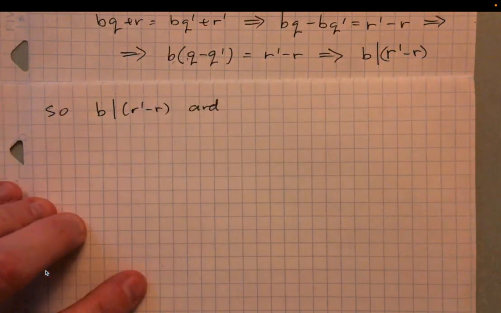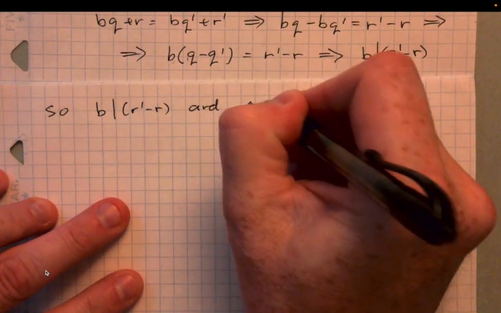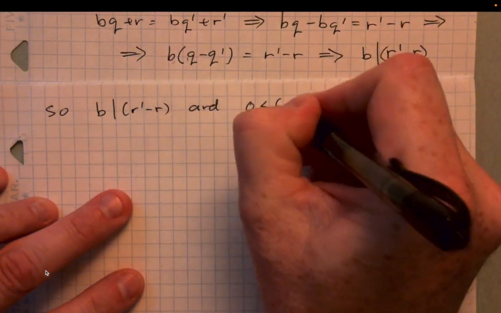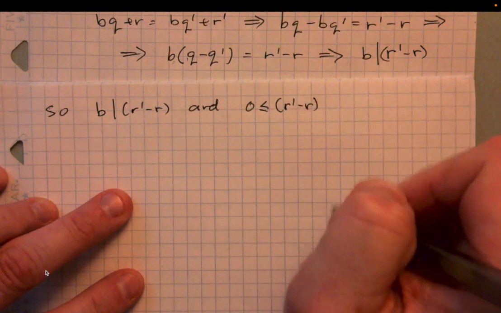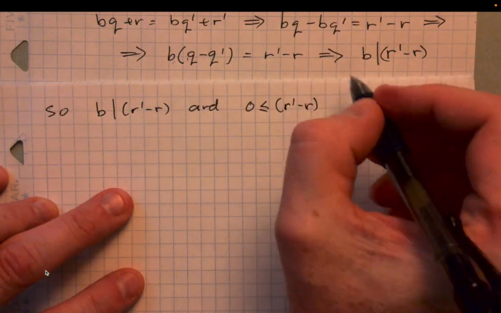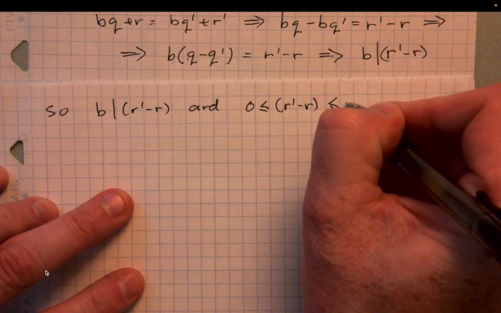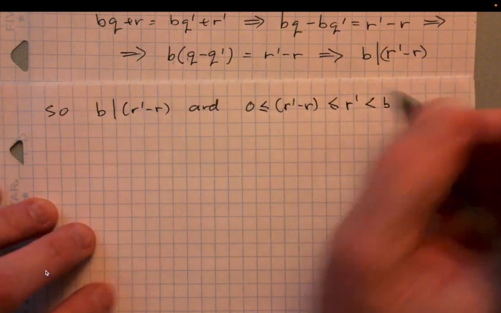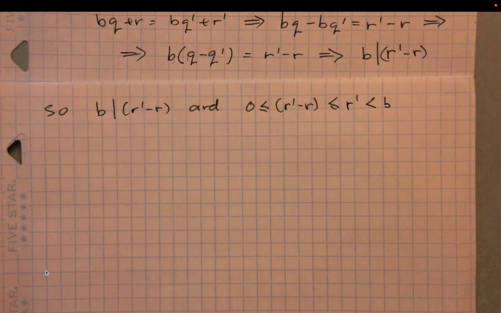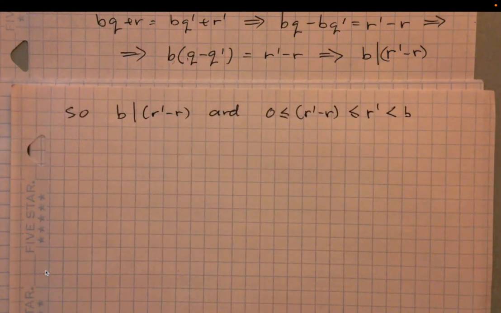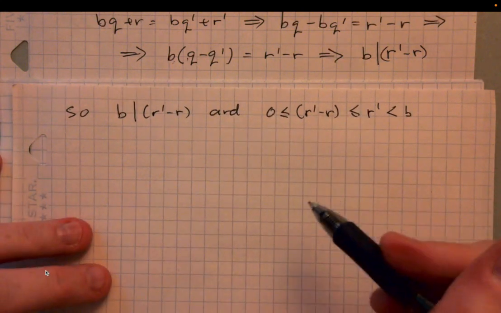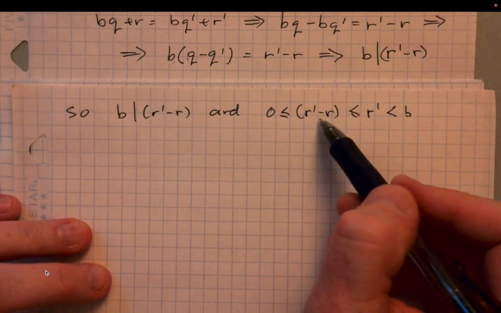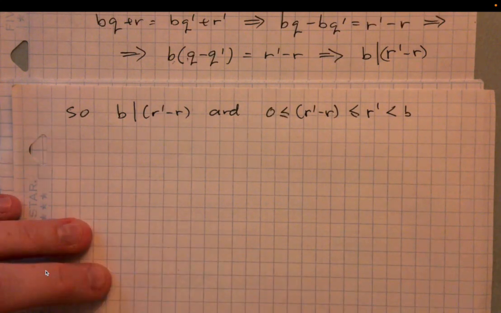And another thing that we can see from this is that 0 is less than or equal to r prime minus r, and r prime minus r is definitely less than or equal to r prime, which we know is less than b. So we've bounded r prime minus r between 0 and b. And so notice that r prime minus r is less than b, right?